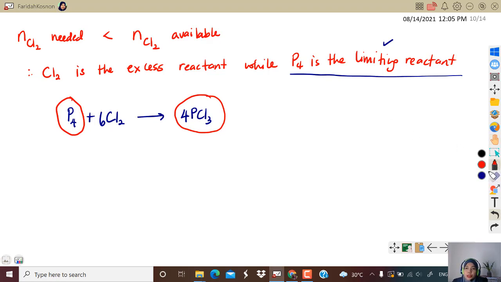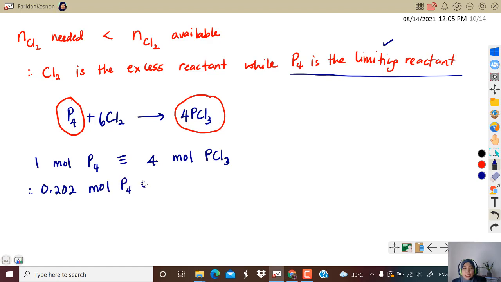Okay, so write your answer. Ataupun you kena tunjukkan jalan kerja. Okay, jadinya sekarang kat sini, from the equation, 1 mole of P4 or phosphorus produces 4 mole of PCl3. Therefore, if I have 0.202 mole phosphorus, you dah boleh jangkakan dia punya jalan kerja operasi.